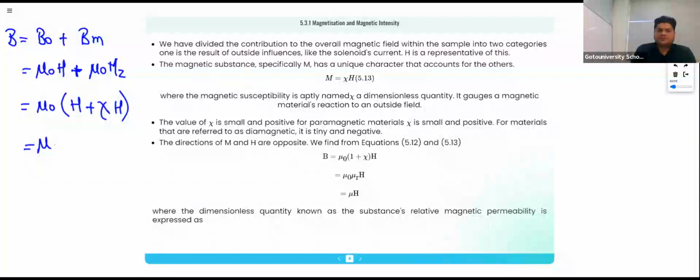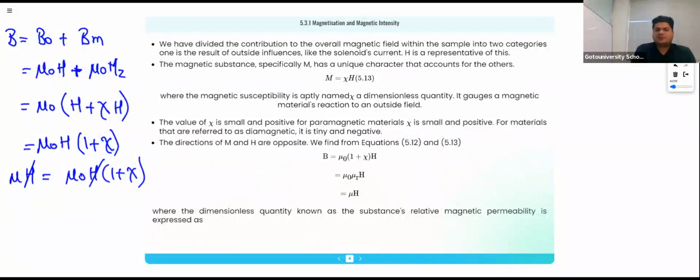So what is B? This B is mu H, which is equal to mu naught H into 1 plus chi.